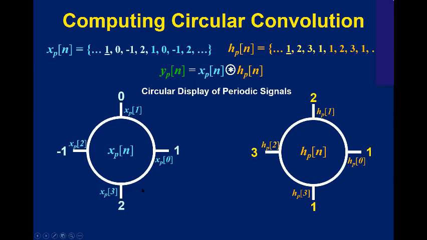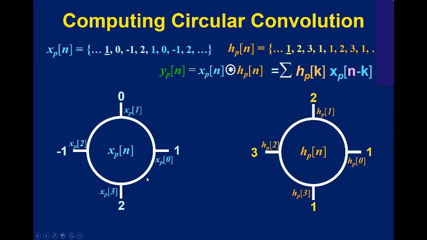And those are the circular displays for those two signals that both have a period of 4. Now, by using this same kind of display, where we superimpose one inside of another, we can carry out our circular convolution process. Let's see how to do that.